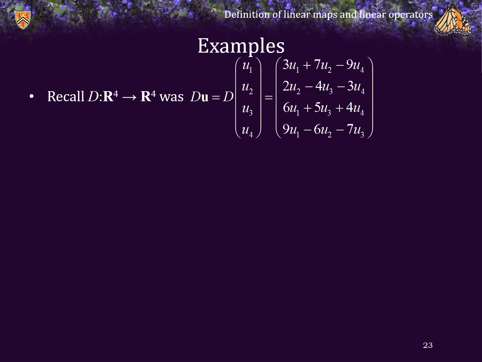However, a linear operator is specifically a mapping that takes a vector space into itself. So every linear operator is a linear map, but not every linear map is a linear operator. Anyway, here we see the result of the linear map D.